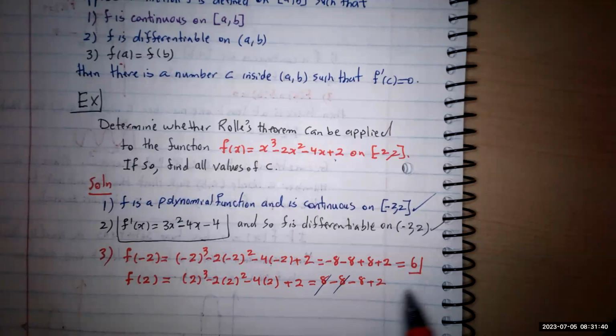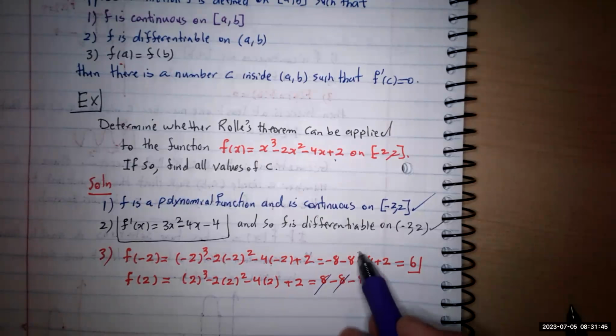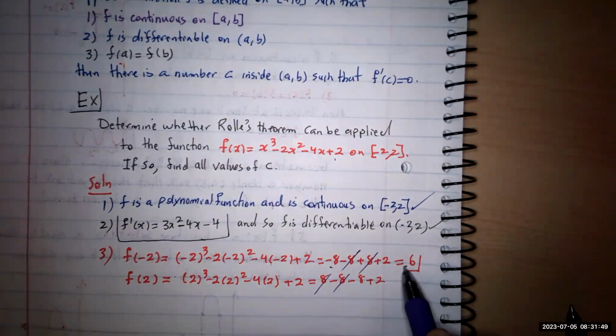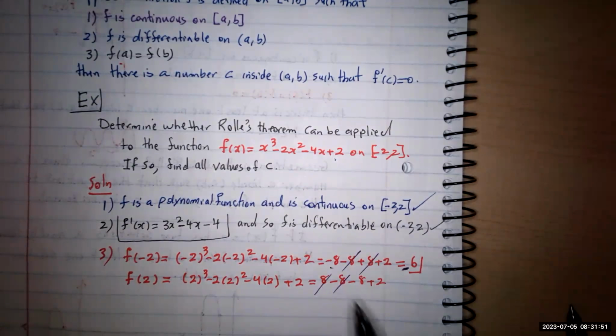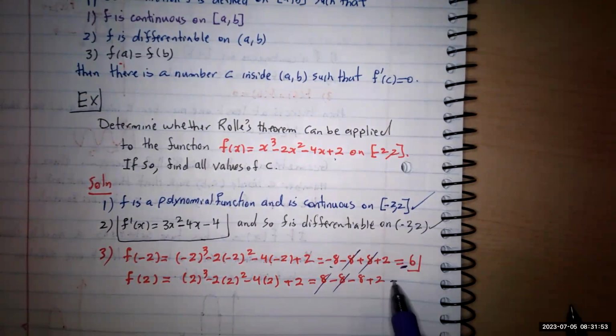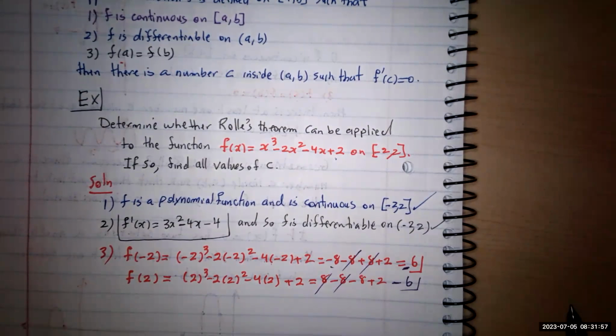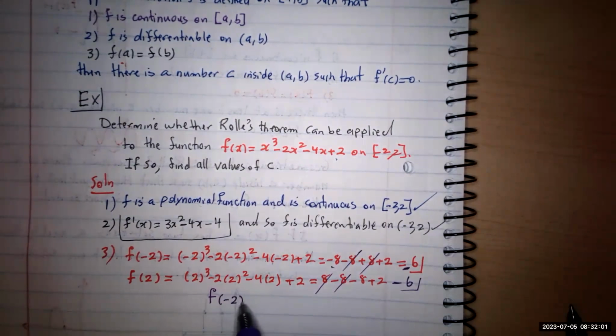Let me check this one. I have negative 8 plus 2, so that would be negative 6. Okay, negative 6, both of them. So we have the fact that f of -2 is equal to f of 2.